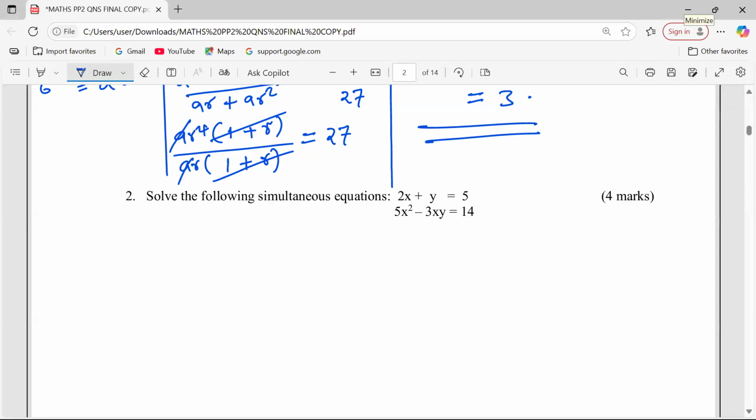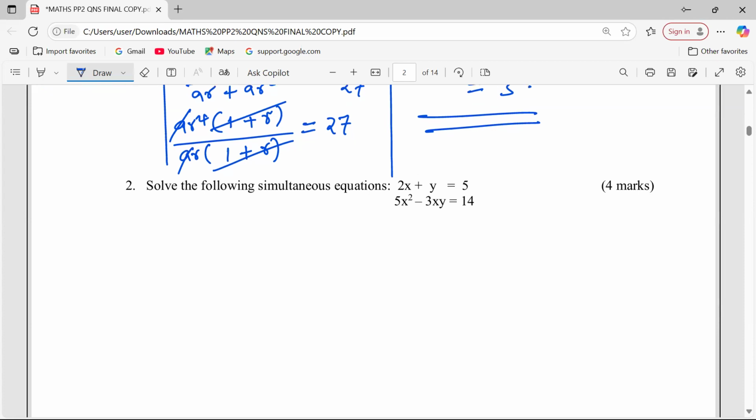Number 2, solve the following simultaneous equations: 2x plus y equals 5 and 5x squared minus 3xy equals 14. This one is a simultaneous pair of equations, but we can't solve it using the elimination method. Definitely, we are supposed to go for substitution, whereby from equation 1, we can express y as 5 minus 2x.